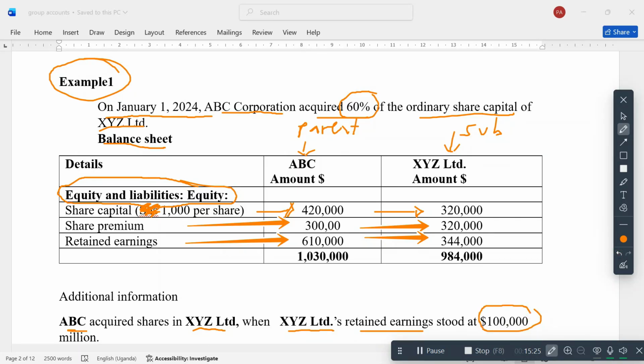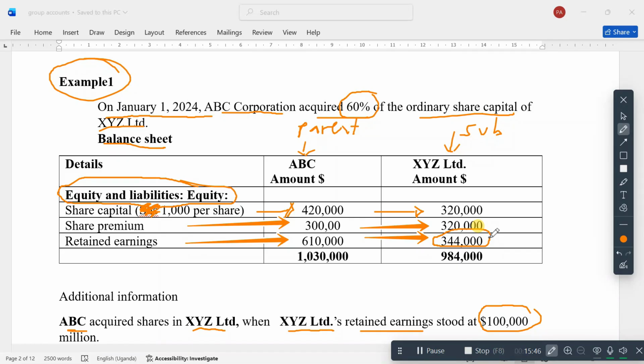You see, we have retained earning for XYZ. At reporting date, it was this one. I think you can see that retained earning was 344, but at the date of acquisition, it was 100, meaning this business was doing well. They made some profit from 100 to 344.